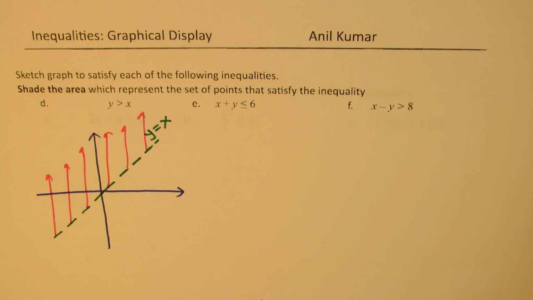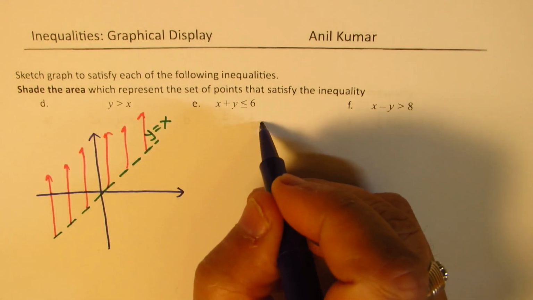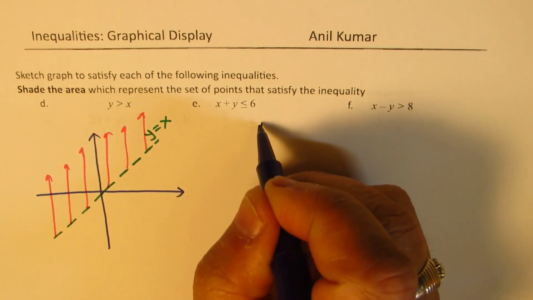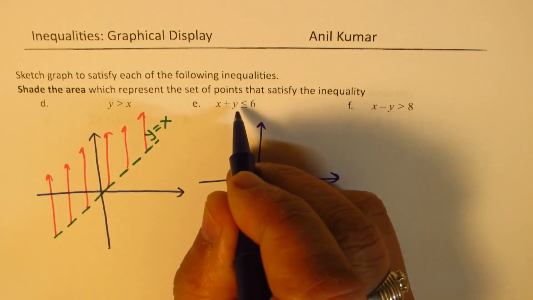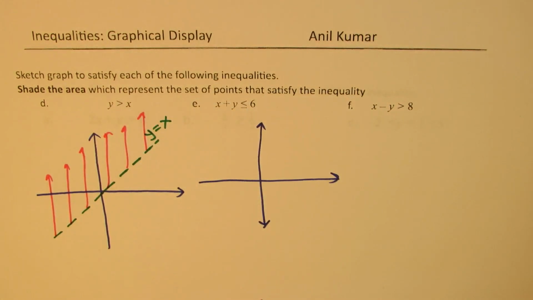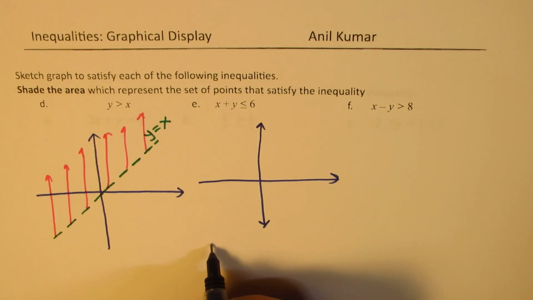The next one here is x plus y is less than or equal to 6. So one way is that we can just first sketch the line, and we know it is a solid line, right? Since less than or equal to 6 is there, to sketch this line, what can we do? Let's do some calculations.